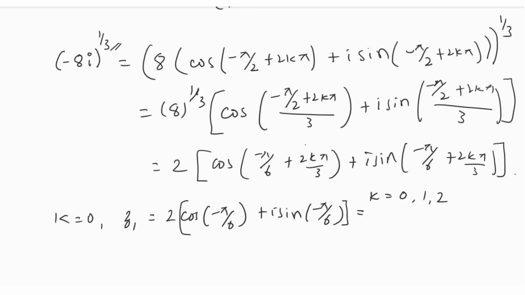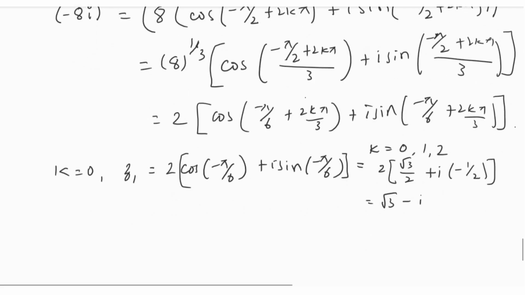Cos minus pi by 6 is root 3 by 2, so that is 2 into root 3 by 2 plus i, and sin minus pi by 6 is minus 1 by 2, so that gives you root 3 minus i. That is the answer for this.